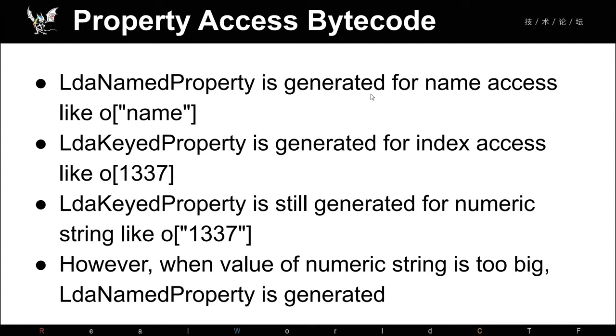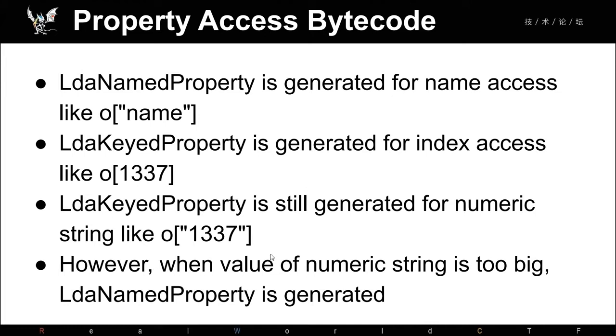It is generated for named access like this. Another one is LdaKeyedProperty. This is generated for index access like this, with a value inside the brackets. Note that when the thing in the brackets is a numeric string like this, it is still an LdaKeyedProperty instead of an LdaNamedProperty.